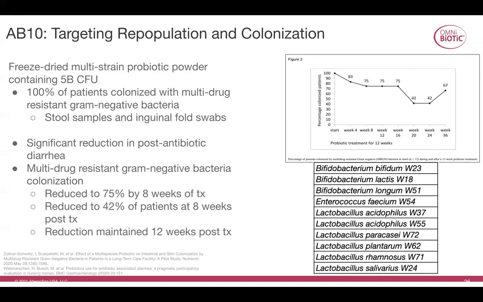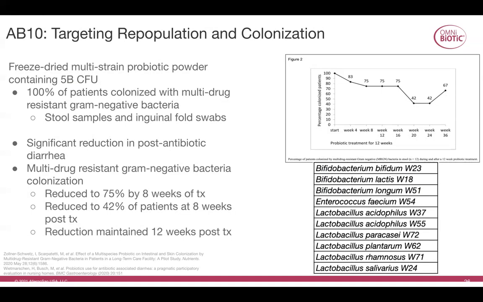They found the number of patients who had this multi-drug resistant gram-negative bacteria was down to 75% from 100% by 8 weeks into the treatment protocol. At 24 weeks, which was 12 weeks after the probiotic was discontinued, that result was still seen.